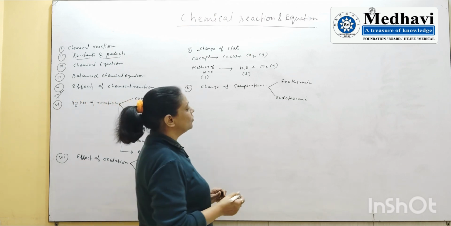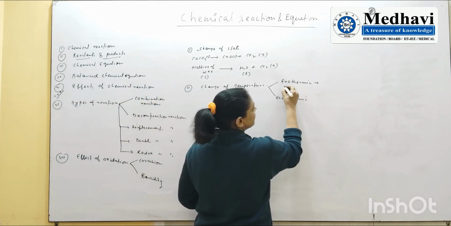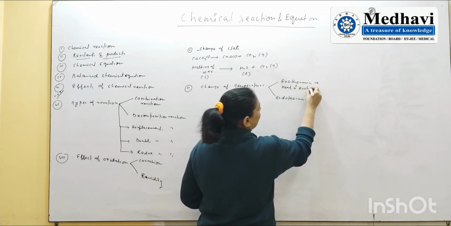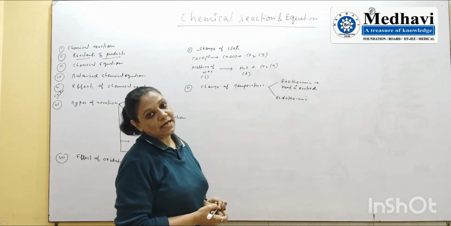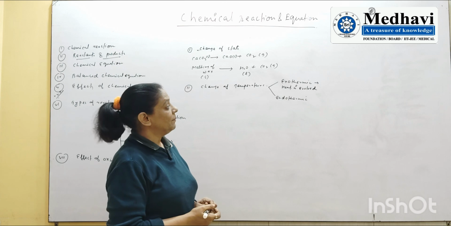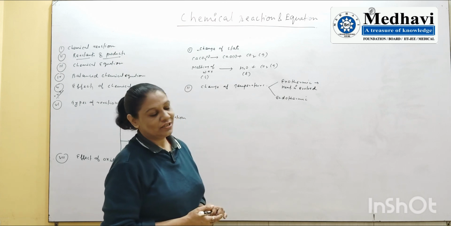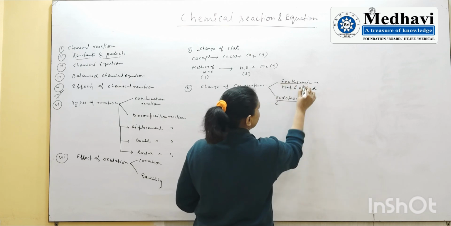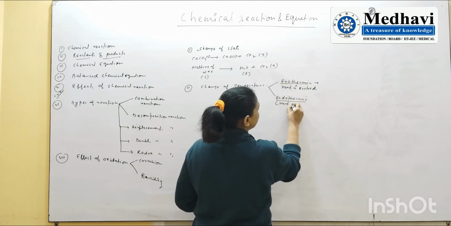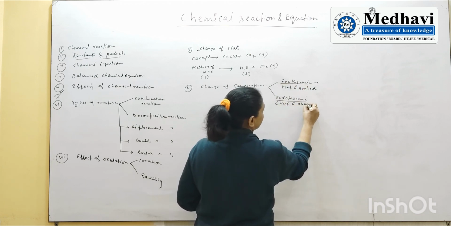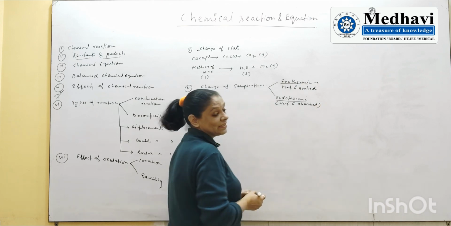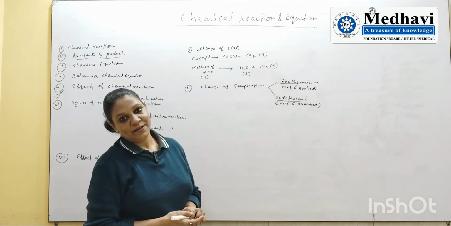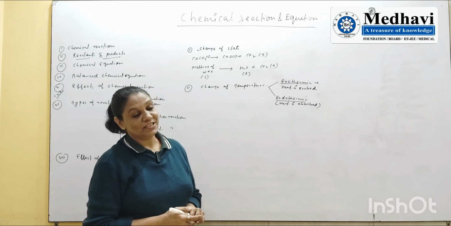Exothermic reactions are those reactions in which heat is evolved. So after the chemical reaction, the substance becomes hot. The temperature of the substance is raised. Whereas an endothermic reaction is that type of chemical reaction in which heat is absorbed. It means after the chemical reaction, the substance becomes cold; its temperature decreases.